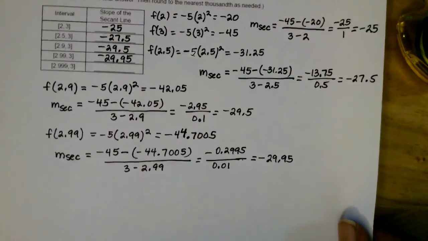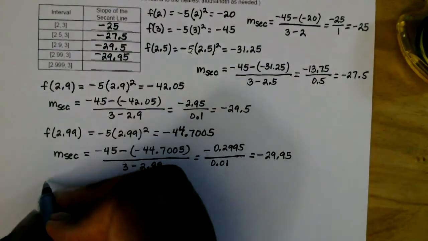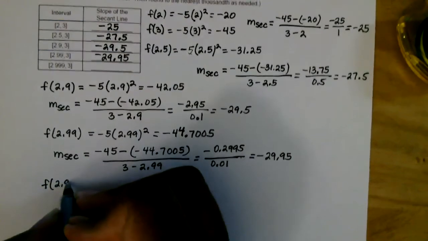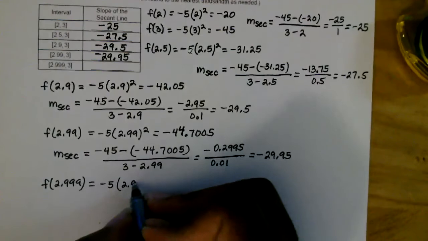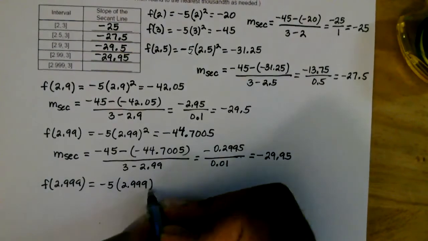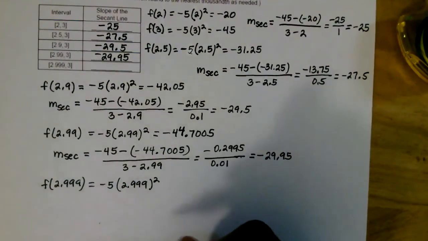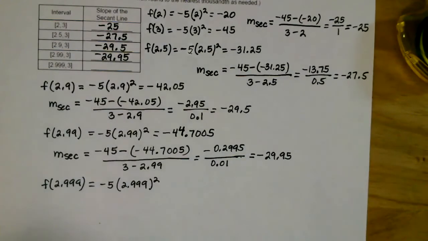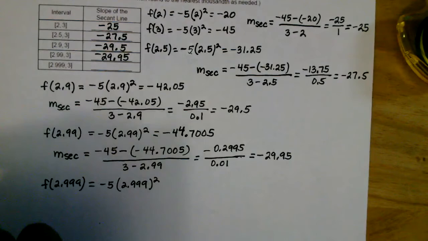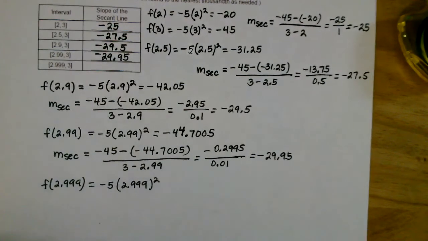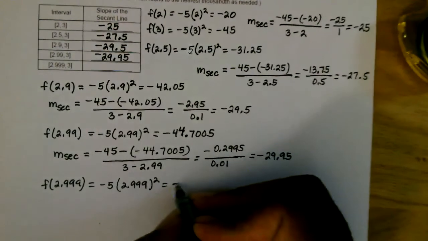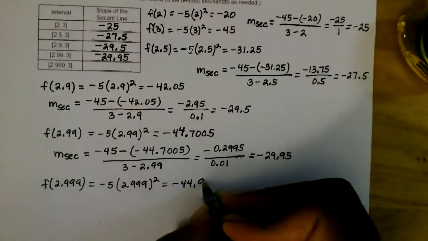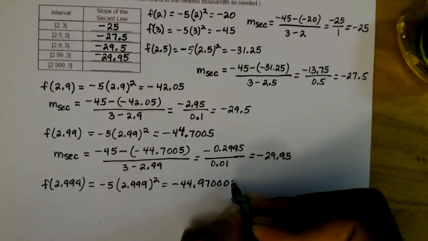Okay, and then finally 2.999 to 3. Well, f of 2.999 would be -5 times 2.999, and that's squared. -5 times 2.999 squared will be -44.970005.